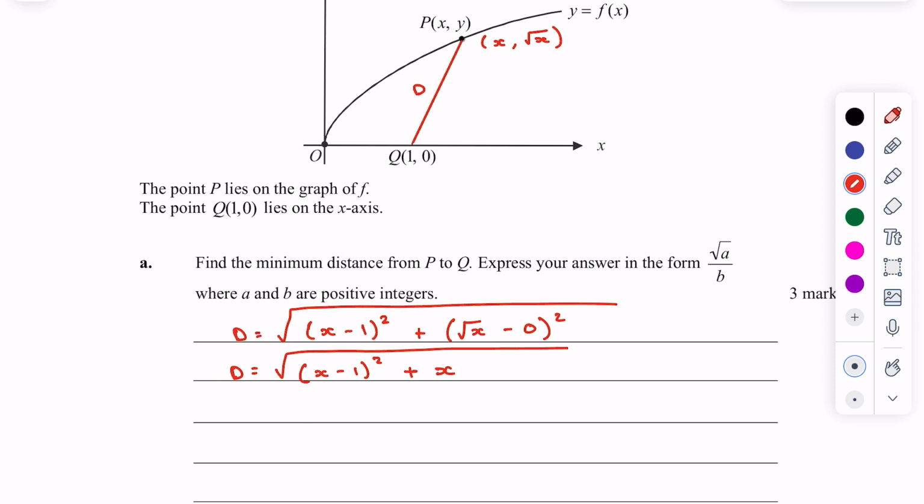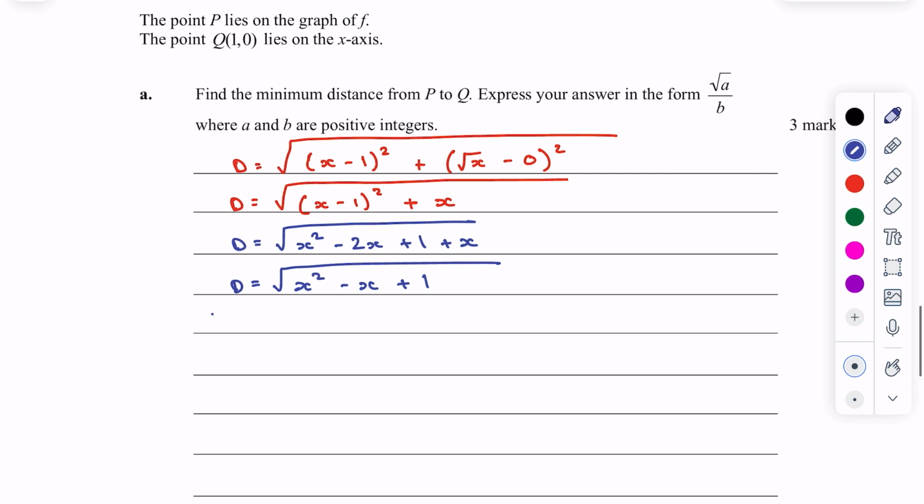So I'll just let you think about that for a moment. I might expand this out. So x squared minus 2x plus 1 plus x, and D here equals square root of x squared minus x plus 1. I'm going to have a look at D, the distance, in terms of dD/dx.